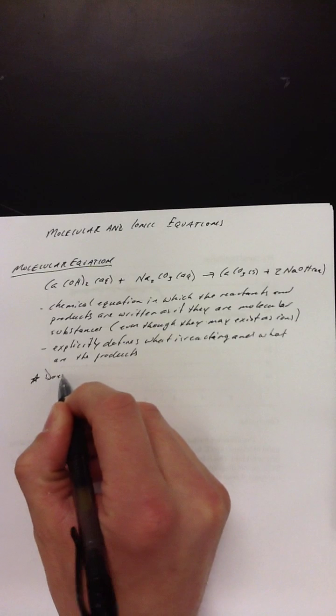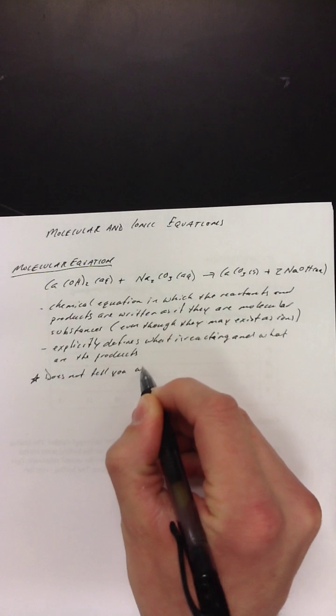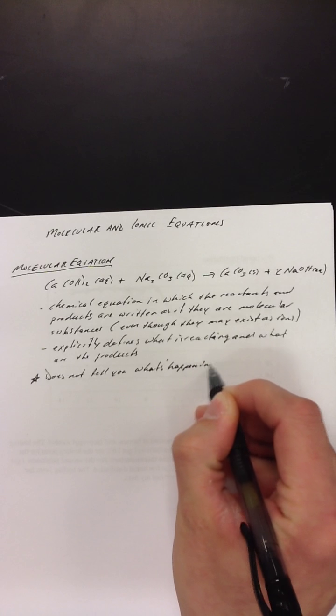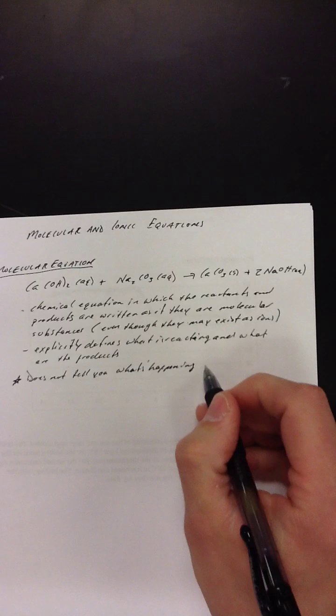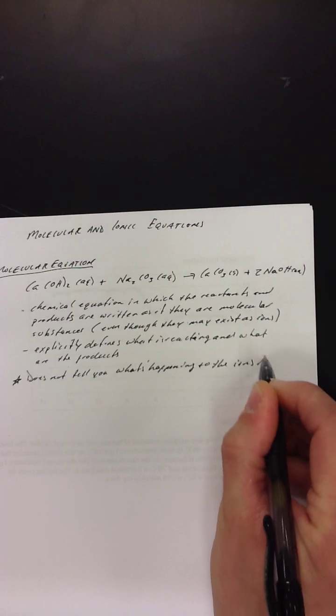It does not tell you what's happening to the ions. Molecular equations just tell you what is reacting and what your products are. So even though they are useful, we may want to look a little bit further in detail.